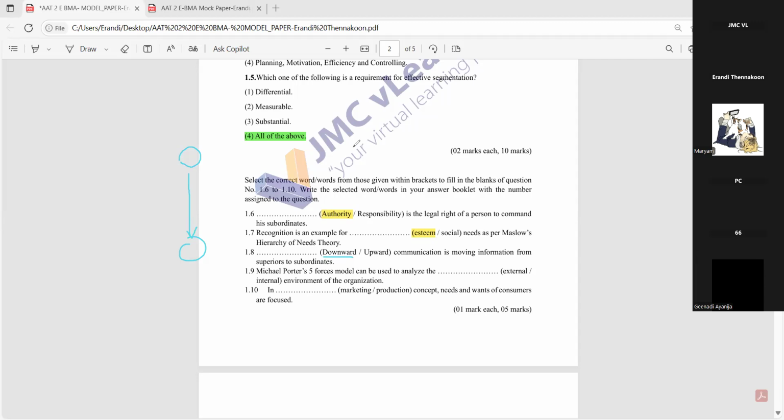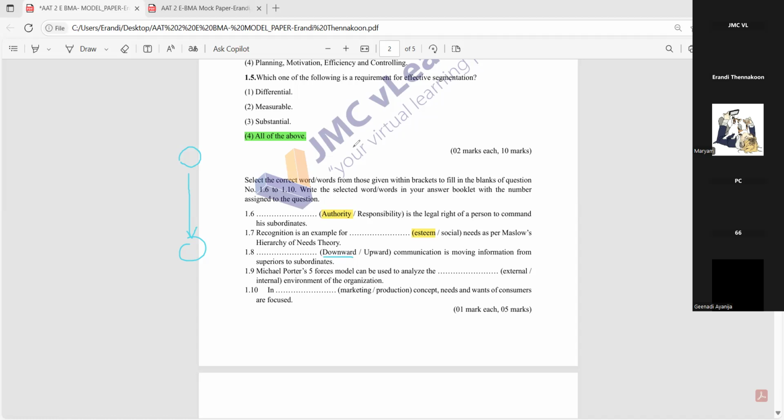Threat of substitutes. That's the fifth part of this Porter's five forces model. So are there any alternative products in the market? So here, if there are more substitutes, there is greater pressure on the pricing and the quality of our product, right? So there's a high threat and it will also reduce the profitability.